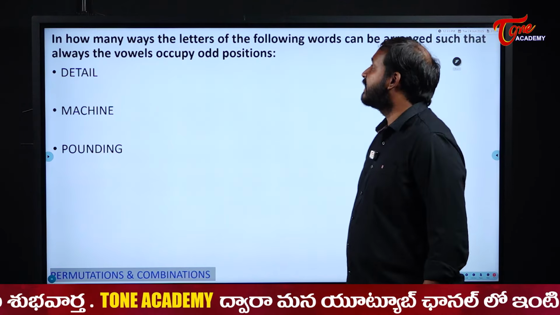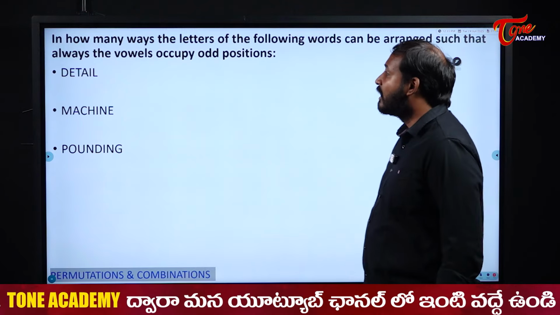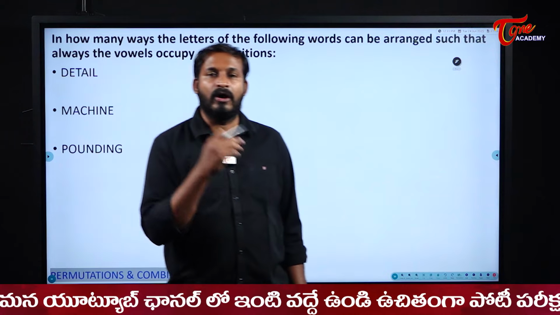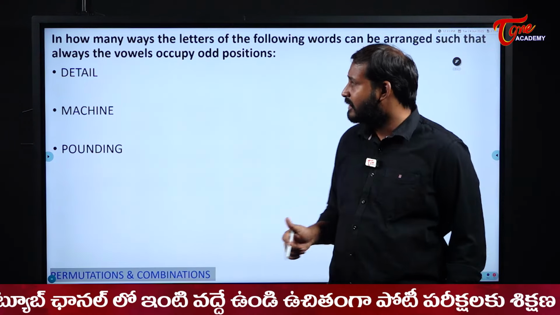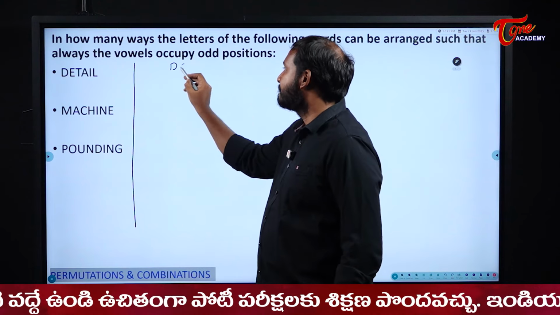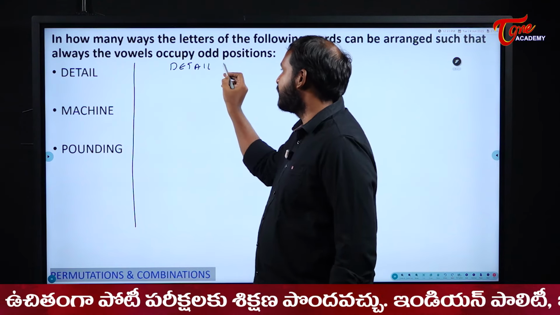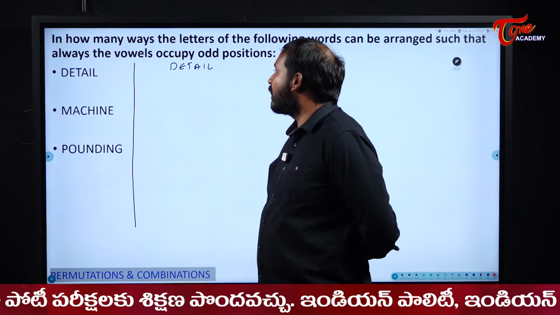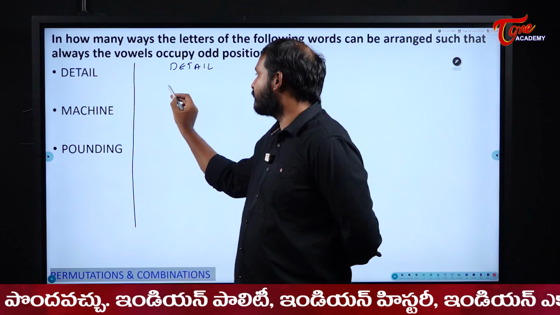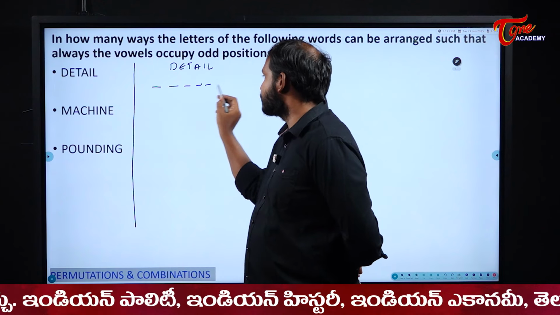Next one. In how many ways can the letters of the following words be arranged such that the vowels always occupy odd positions, similar to our previous case. The first example is detail. Total 6 positions: 1, 2, 3, 4, 5, 6.